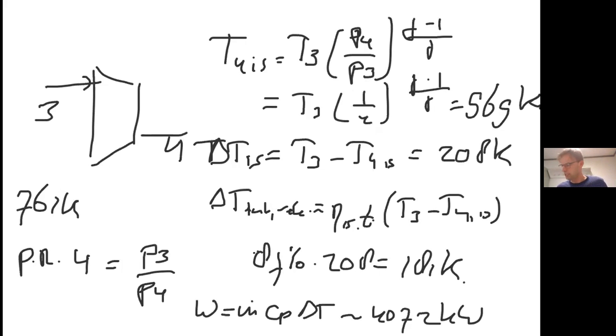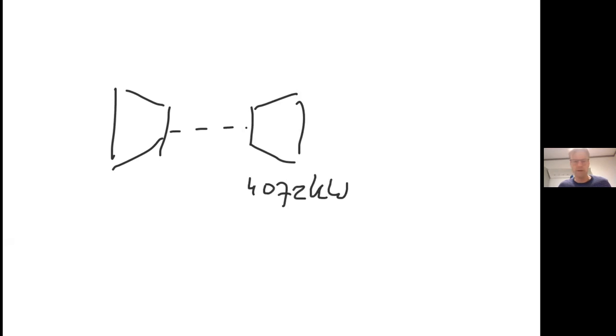So it looks simple. We have here a turbine that delivers 472 kilowatt, and we have a compressor that consumes 3251 kilowatt.